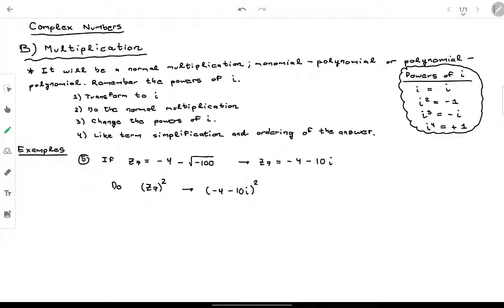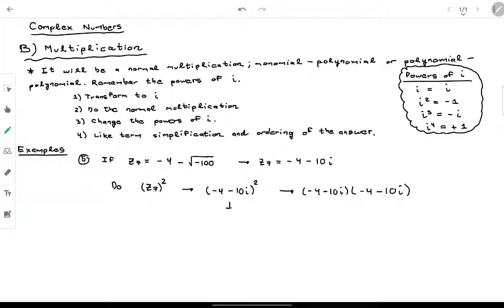So remember, in this case, we have two possibilities. When we have something squared, it's like having two of them. So we can do it like minus 4 minus 10i, that multiplies minus 4 minus 10i. And we can do it like binomial times a binomial, like the last exercises.